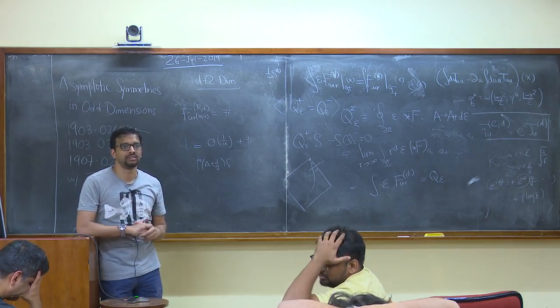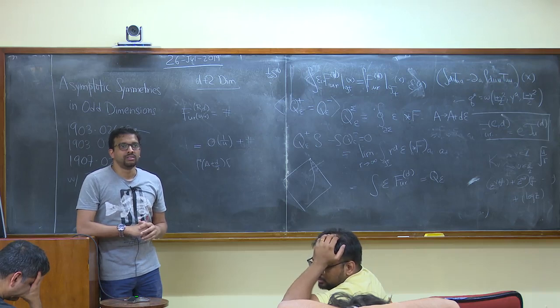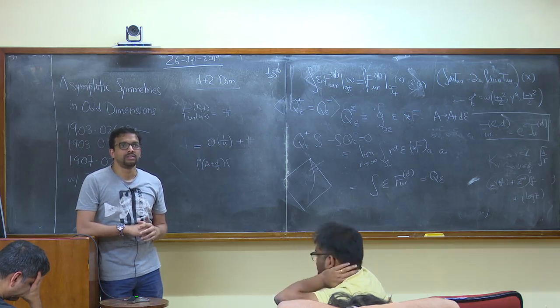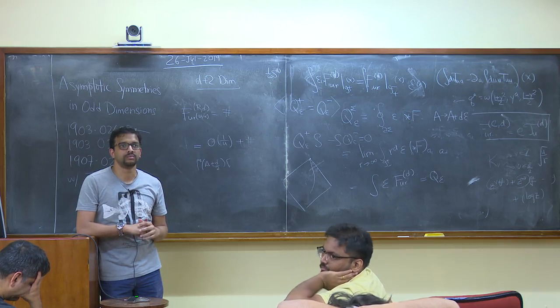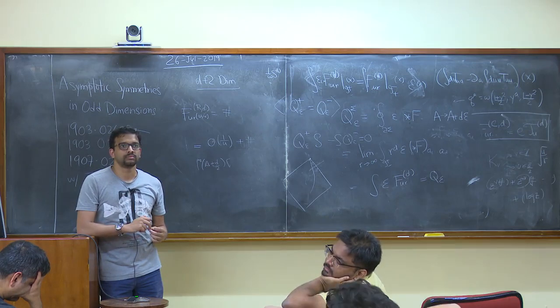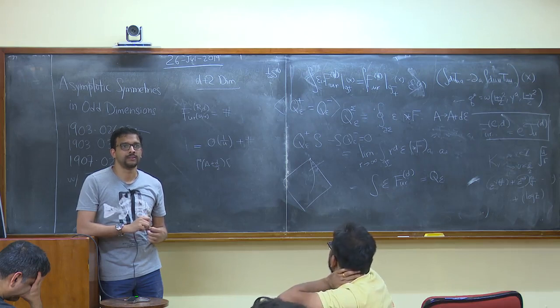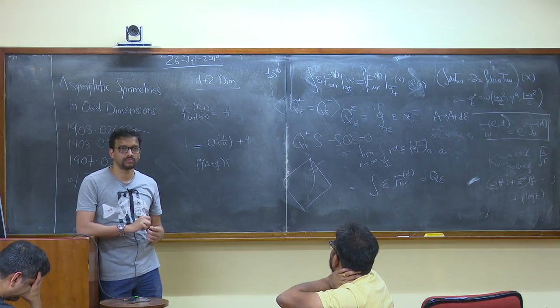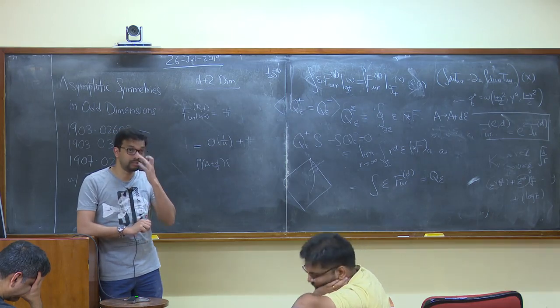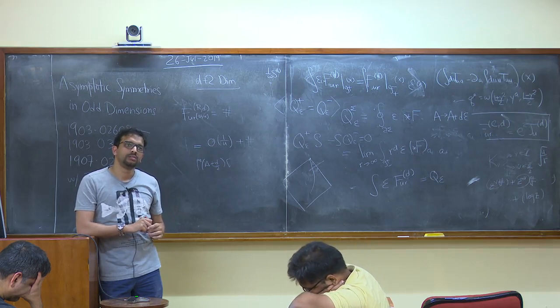Okay, so my final question is about the statement that somehow here it matters what happens in the interior. You have to impose the regularity condition to really get this relation. Does it mean that it matters what the state is in the interior?